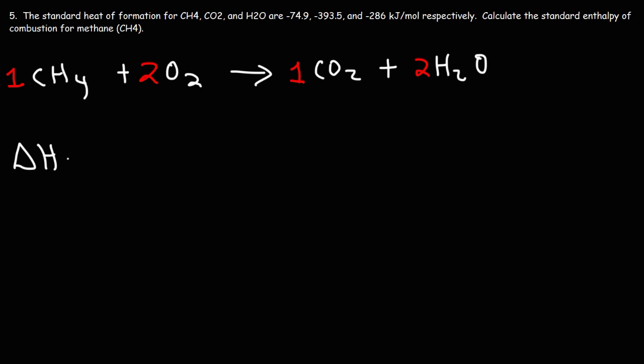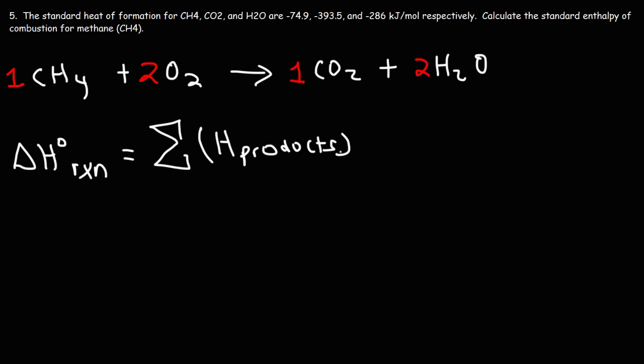Now to calculate the enthalpy of reaction, it's equal to the sum of the heat of formations of the products minus the sum of the heat of formations of the reactants.